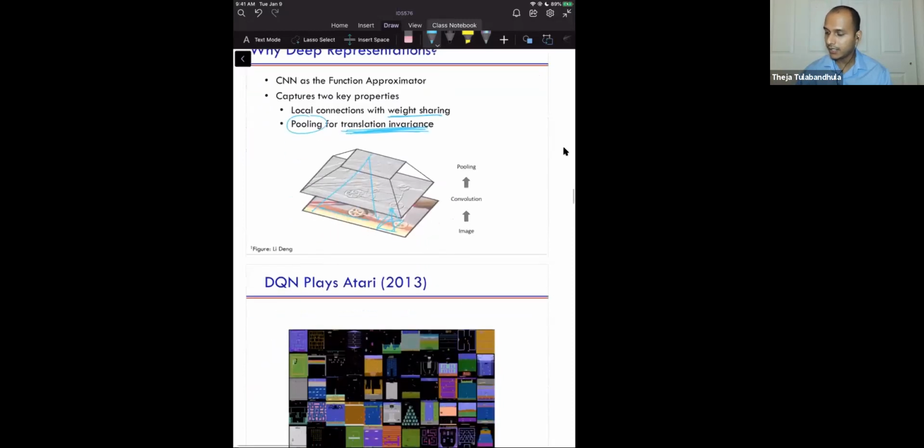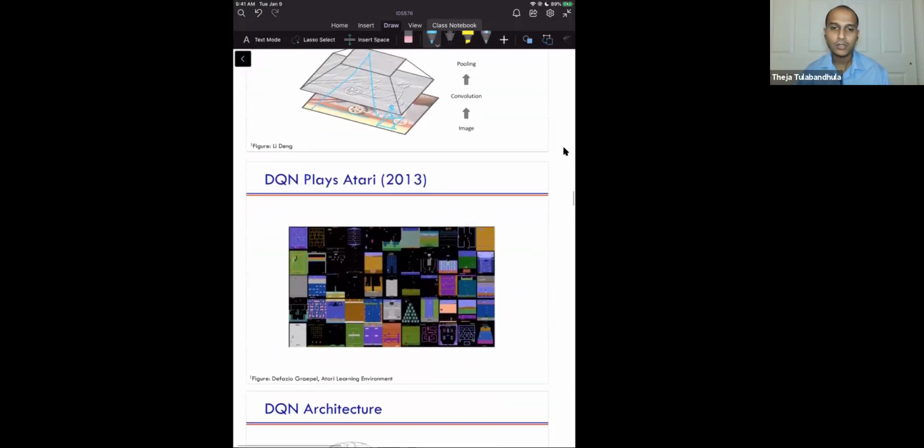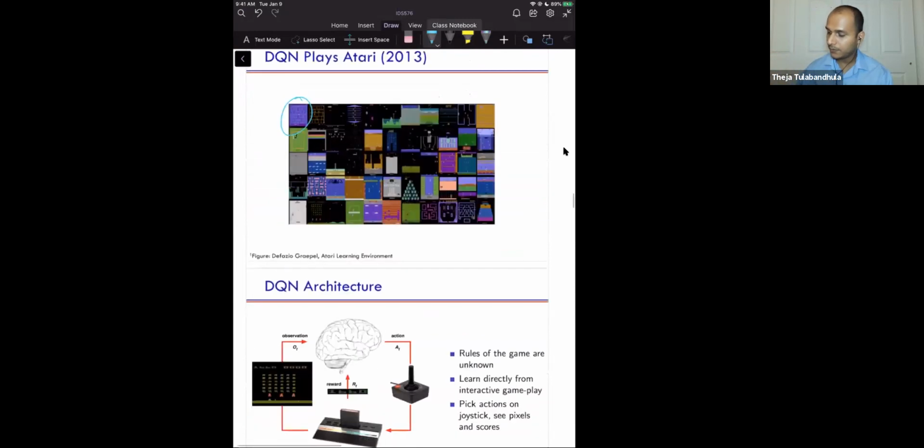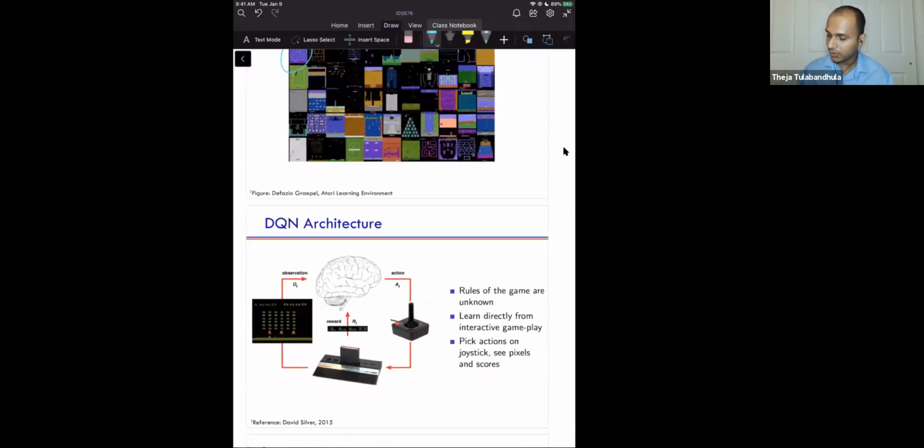And the idea in DQN is to use them as function approximators with screens themselves as inputs, as images. So overall, the environment looks like this. There's a screen from which we make an observation, and this brain here represents our algorithm, DQN.